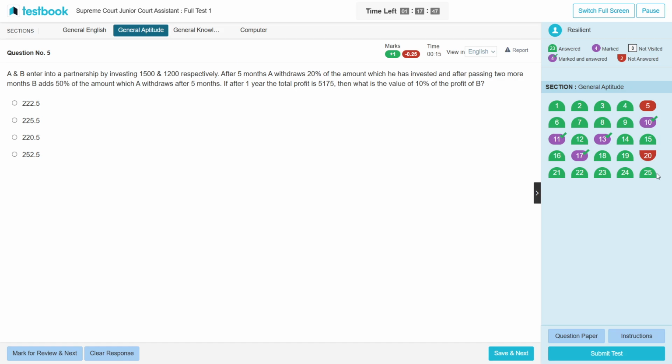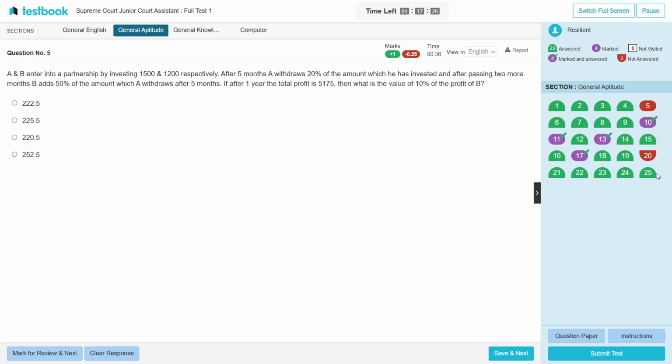A and B enter into a partnership by investing this and this amount. After 5 months, A withdraws 20% of the amount which he invested, and after passing 2 more months, B adds 50% of the amount which A withdrew after 5 months. If after 1 year the total profit is this, what is the value of 10% of the profit of B?